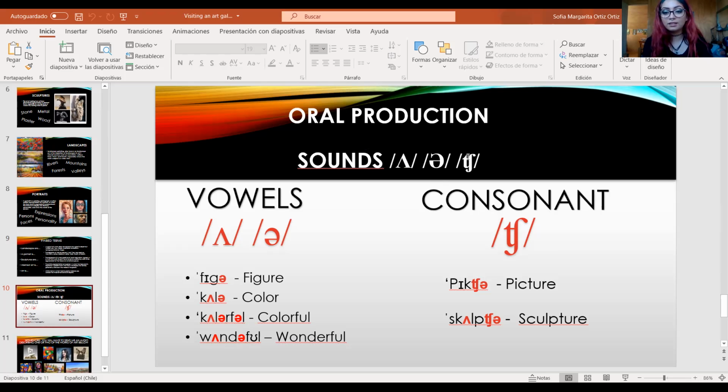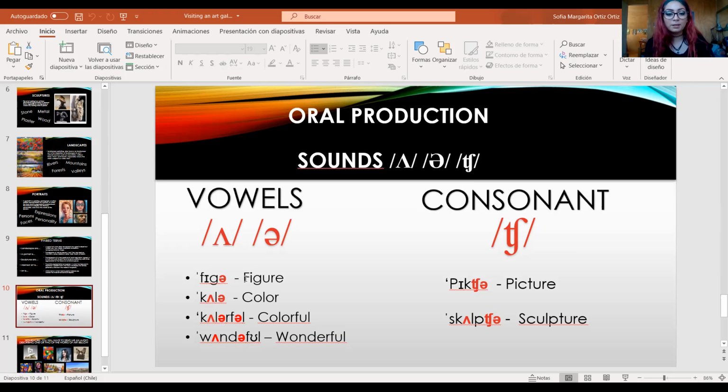And then the consonant, it is like ch, ch, like smiling, right? So A, you open your mouth, and then you close it to say this one, and then the consonant ch, ch.